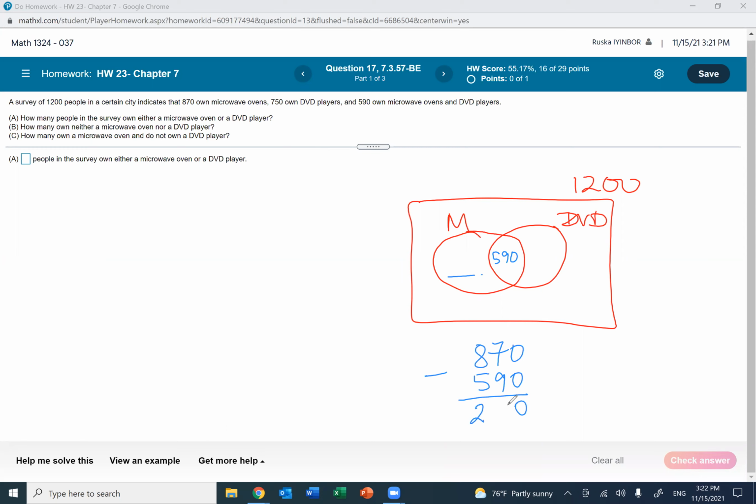So it's going to be 280. And then the number of people who own only a DVD player is going to be 750 minus 590. It's going to be 160.